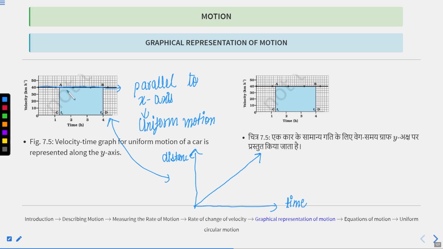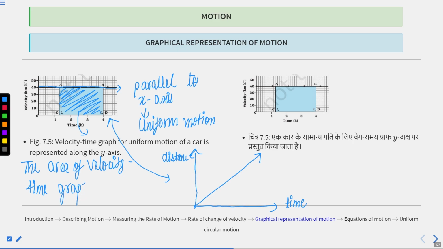And the area of a velocity time graph will give us distance. The area of a velocity time graph gives displacement or distance.